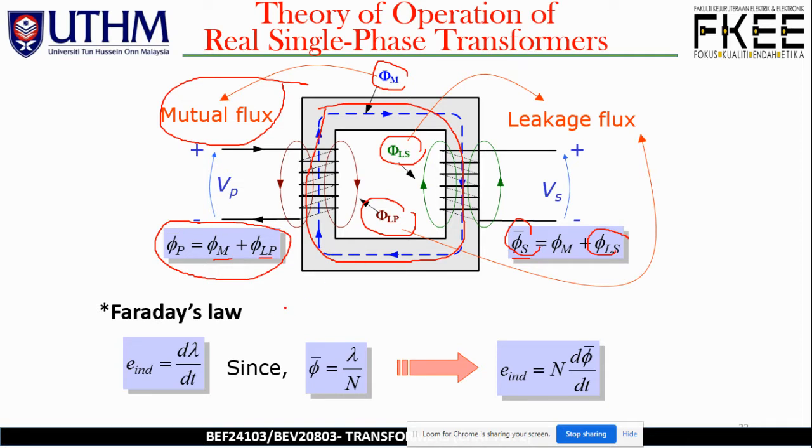Now, according to Faraday's law, the basic transformer operation can be derived from e induced equals d lambda over dt, where lambda is nothing but the flux linkage in the coil across which the voltage is being induced.